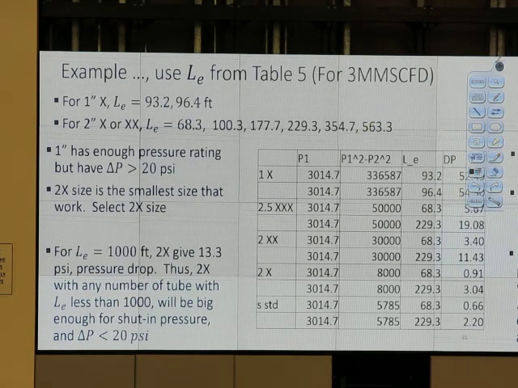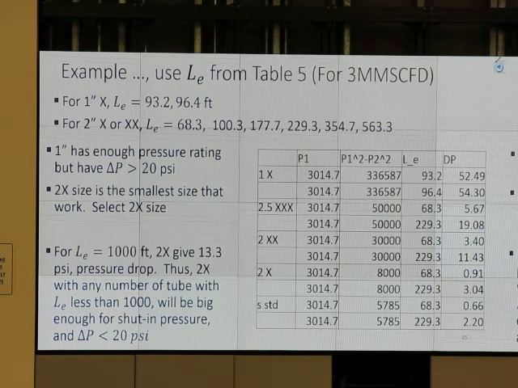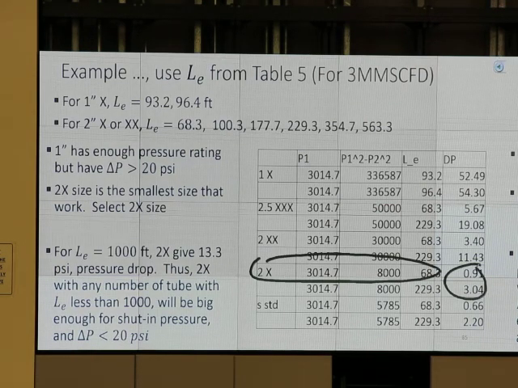And we see pressure drop is low. It's good enough. So this means 2 inches is okay, right?